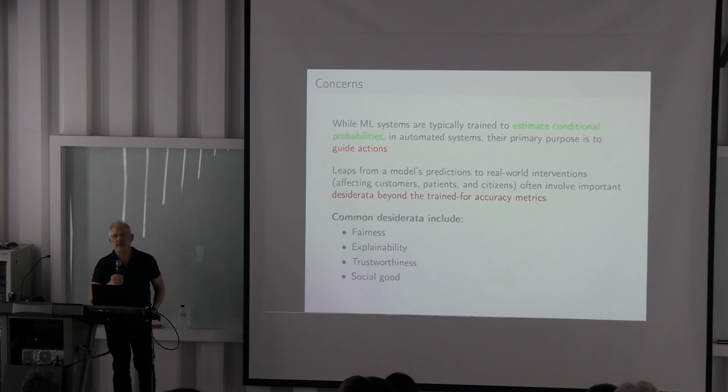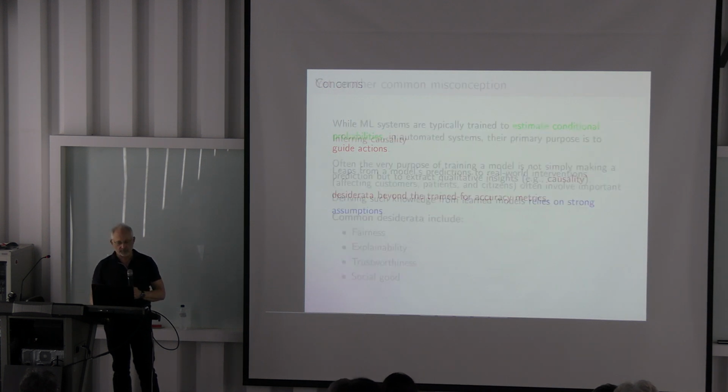We also want our decisions to somehow improve social good. So there are lots of goals which are not just correct predictions of a label or probability. And the question is, how do we adapt machine learning to those new considerations that are not part of the basic tools that we developed.